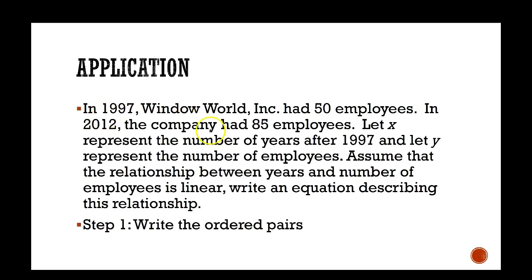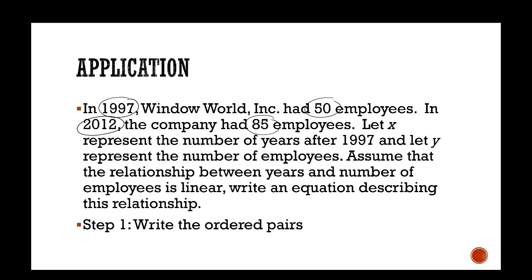So in 97 there was 50. In 2012 there was 85. All right. Let X represent the number of years after 1997 and let Y represent the number of employees. Assume that the relationship between years and number of employees is linear. Write an equation to describe this relationship.